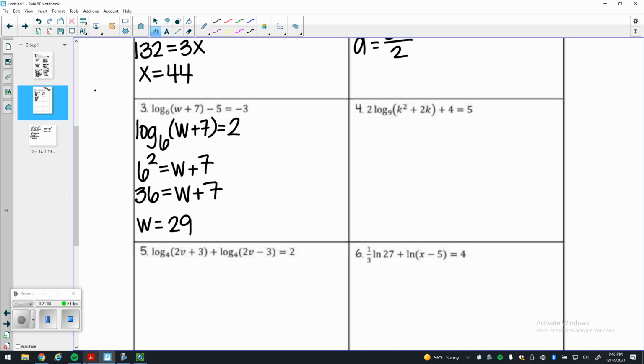Number 4. What do I have to do first? Subtract 4. So then I have 2 times the log base 9 of k squared plus 2k equals 1.